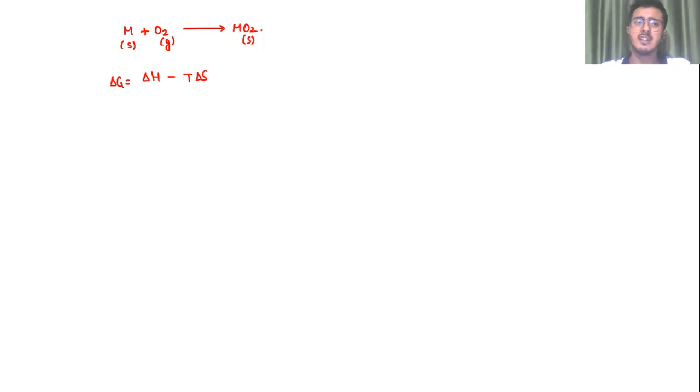If this delta H is positive in nature, then we can say that this reaction is endothermic in nature. What do you mean by an endothermic reaction? Basically, you need to supply a sufficient amount of energy in order for this reaction to proceed in the forward direction.